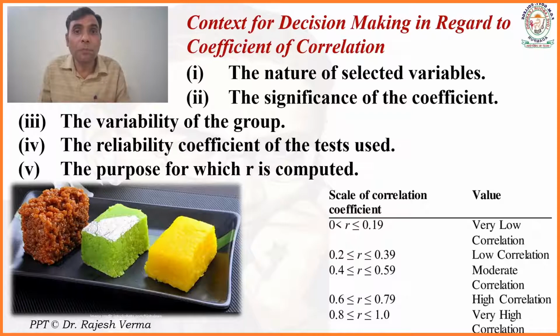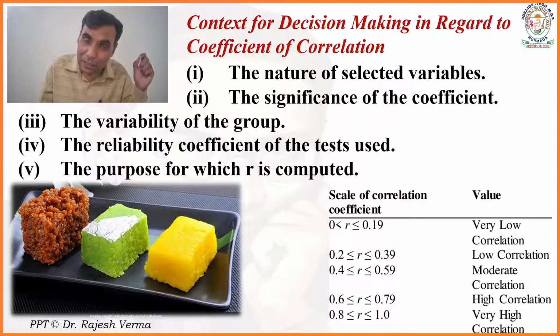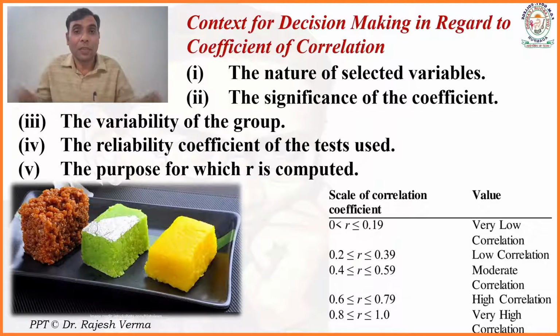The third most important context is the variability of the group and the reliability coefficient of the test used. The test used for the collection of the data, whether it is a psychological test or any other test, how reliable is that test? What is the coefficient of reliability? If the coefficient of reliability is higher, only then are we going to make a decision based upon the coefficient of correlation.